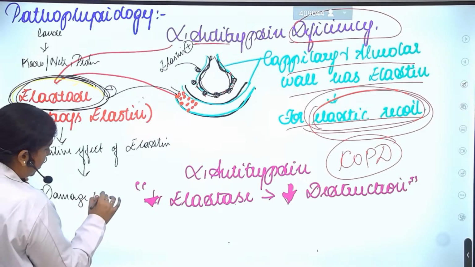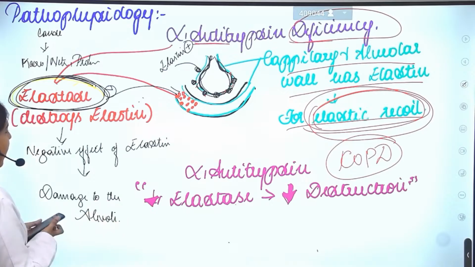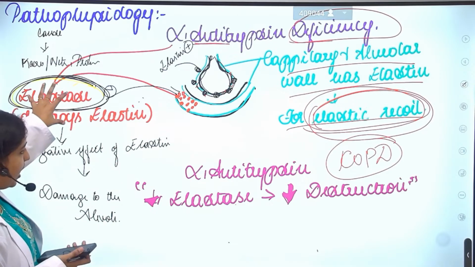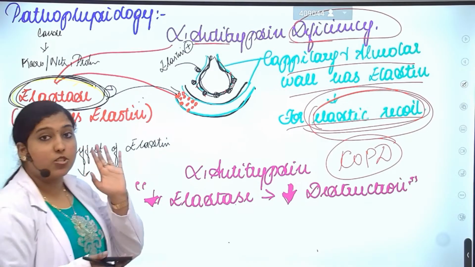I hope you understand now. Once this elastin is getting destroyed because of the elastase activation, the alveoli is going to get damaged. This is the mechanism which is happening.